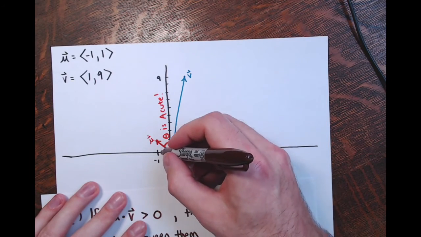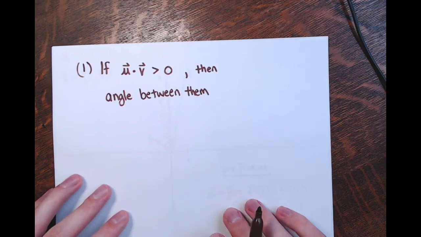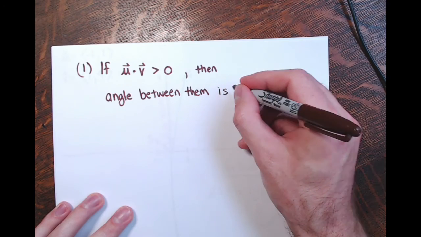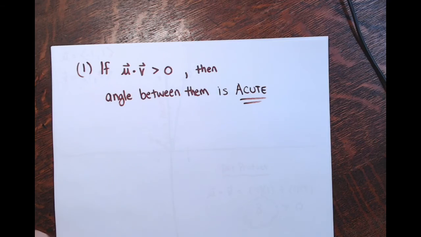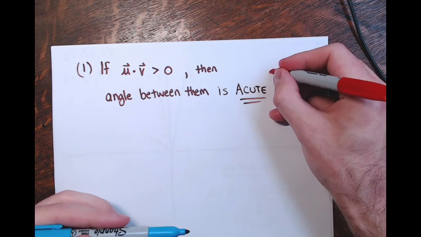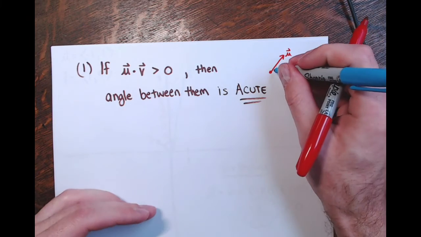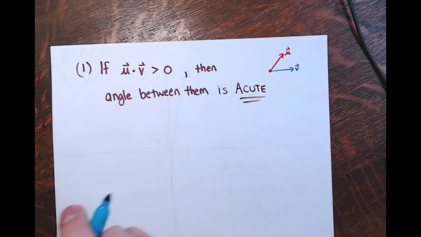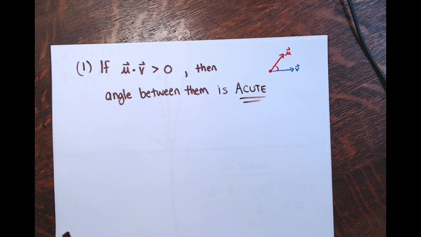There's the reflex angle, which is the large one. I'm talking about the smaller of the two. The angle between them will be acute, like in my previous example. So you'll have vector u and vector v. Again, the angle between them is going to be acute if the dot product is positive.